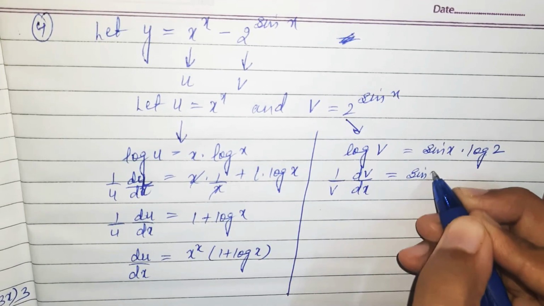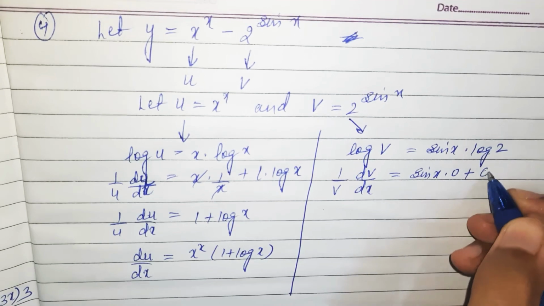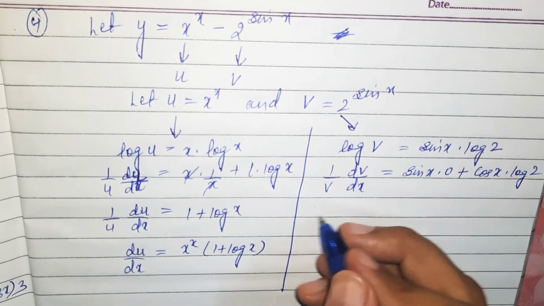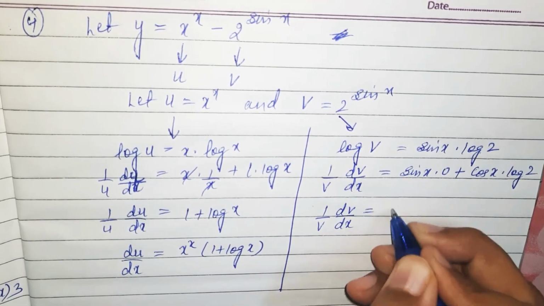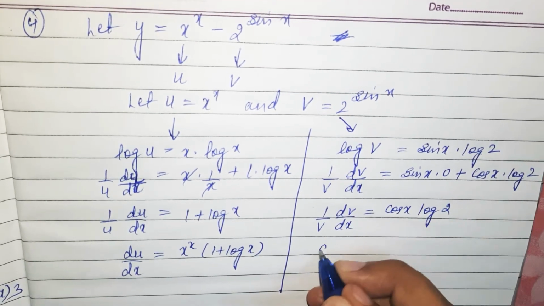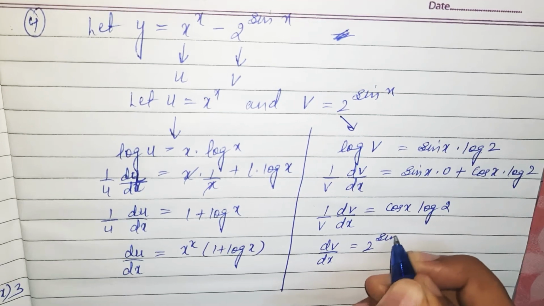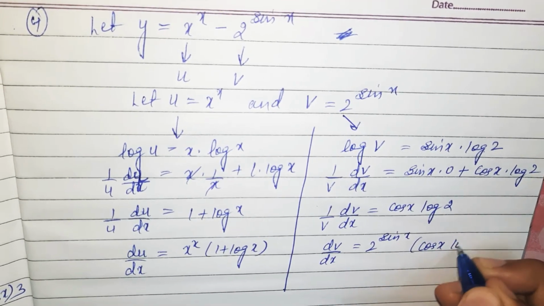The differentiation of sin x is cos x into the second function same. So 1 upon v dv by dx, I am getting cos x log 2. So dv by dx is 2 raised to the power sin x, into cos x log 2.